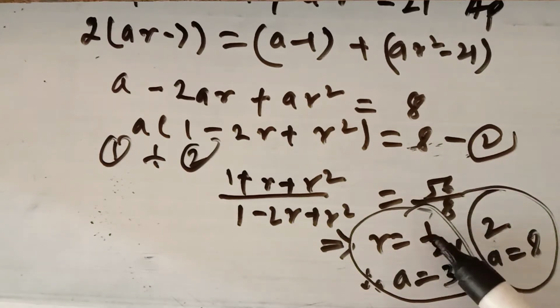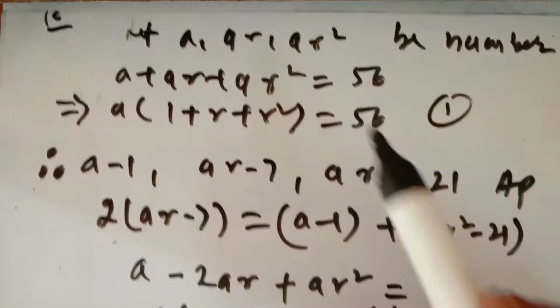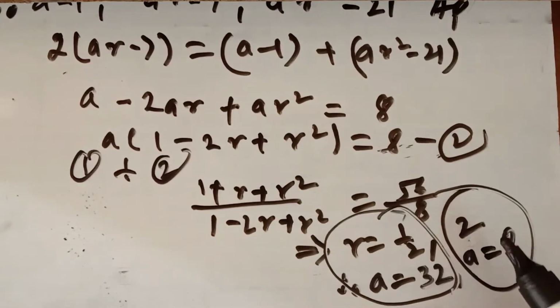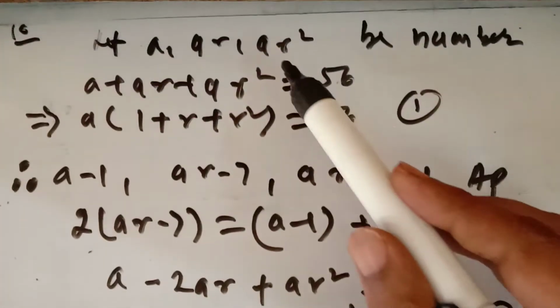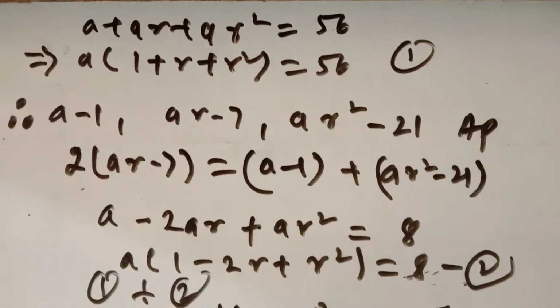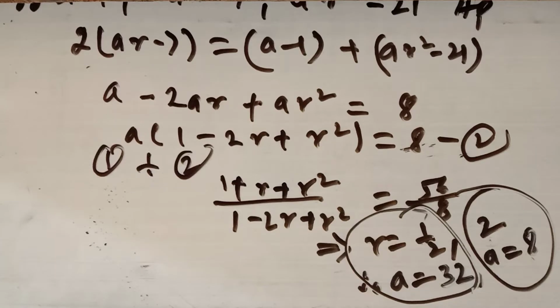When you take R as half and A as 32, you will get the first set of three numbers, and when you put R as 2 and A as 8, you will get another set of three numbers as the answer. You calculate this, you will get these numbers as 8, 16 and 32, or 32, 16 and 8. You write yourself.